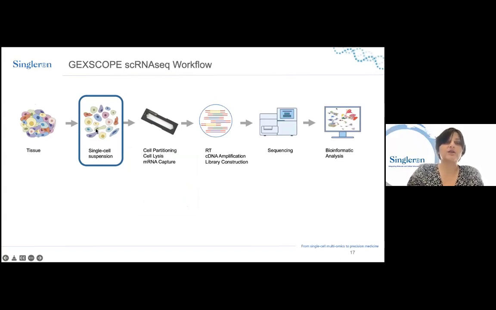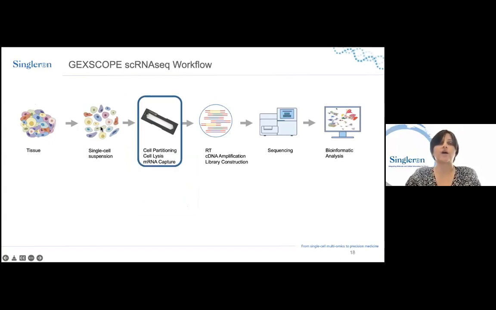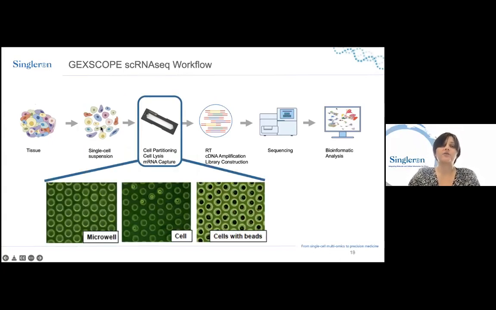So once you have your single cell suspension, you load it onto our microchip. And our microchip offers you another great advantage, which is that you can simply visualize under the microscope how your loading of the chip actually looks like. So on the left side, you can see our individual microwells that are empty.